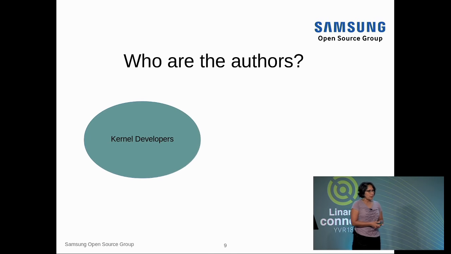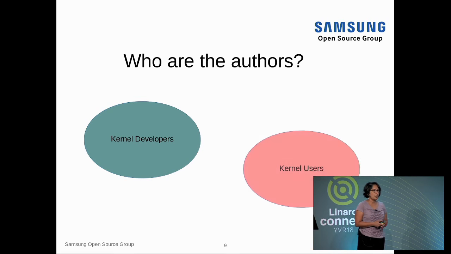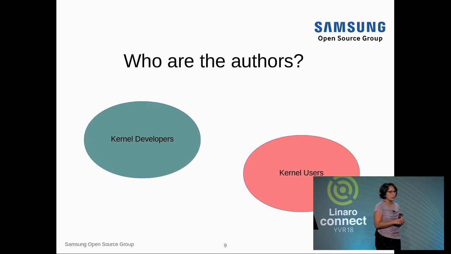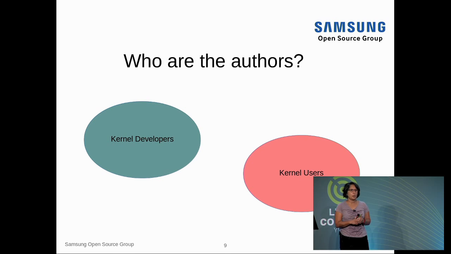So who are the authors? Mainly kernel developers, like I mentioned, and then also users. They come in and add tests, and I have had Kernel CI and Linaro adding tests and improving the framework.